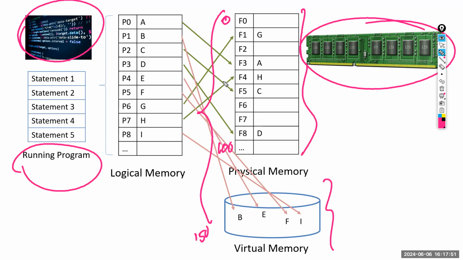Say 0 to 100. So I just took 100 as an arbitrary value. Say, as an example, that is my physical memory. If my memory address is between 0 to 100, it's actually a physical memory address. But if it is between 100 to 150, you are actually referring to a virtual memory address. Okay.